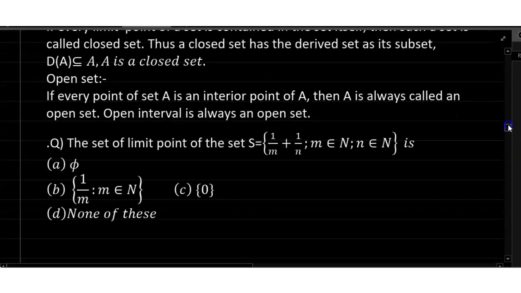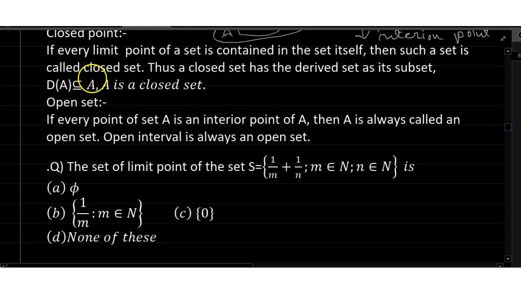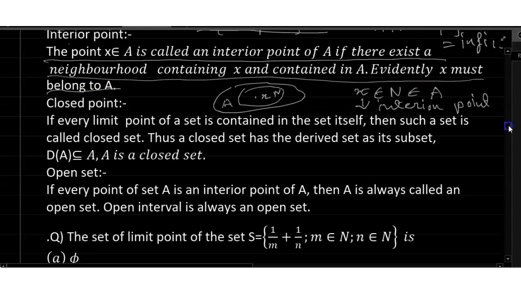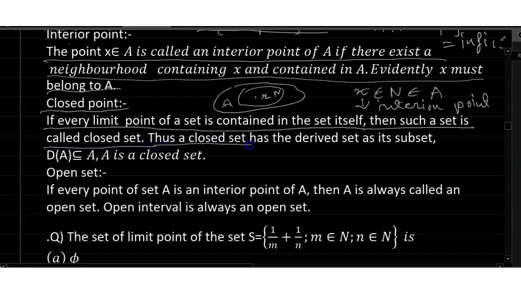Next, friends, very simple. Real analysis is very easy, but you must remember the concepts. Closed set: if every limit point of a set S is contained in the set itself, then such a set is called a closed set. Thus, a closed set has the derived set as its subset.